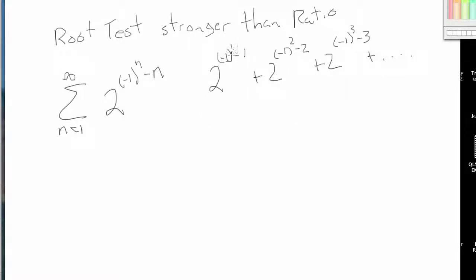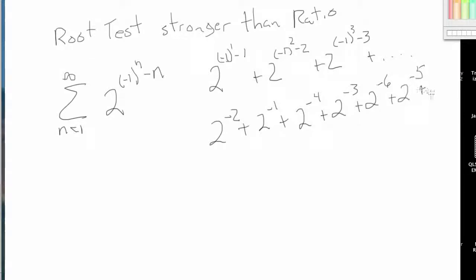Negative 1 to the first is negative 1, minus 1 is 2 to the negative 2, plus negative 1 squared is 1, minus 2 is 2 to the negative 1, plus 2 to the negative 1 cubed is negative 1 minus 3, this is 2 to the negative 4. And it goes on. Next will be 2 to the negative 3, and 2 to the negative 6 plus 2 to the negative 5. And so it's sort of the geometric series, but with every other term switched.